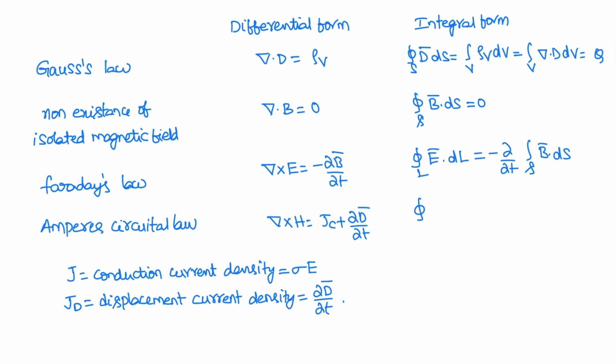In integral form, the closed line integral of H bar dot dl bar is equal to the open surface integral of J bar plus dou D bar by dou t dot ds, where J is sigma E and Jd is dou D bar by dou t.